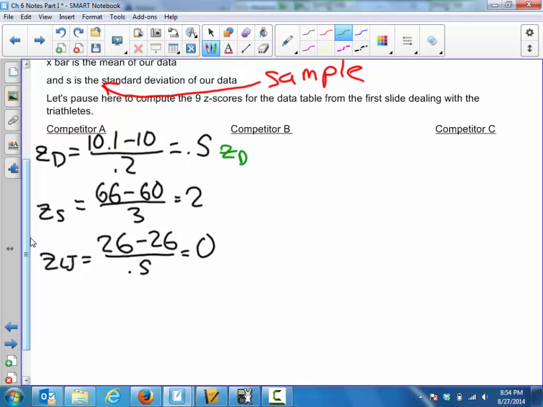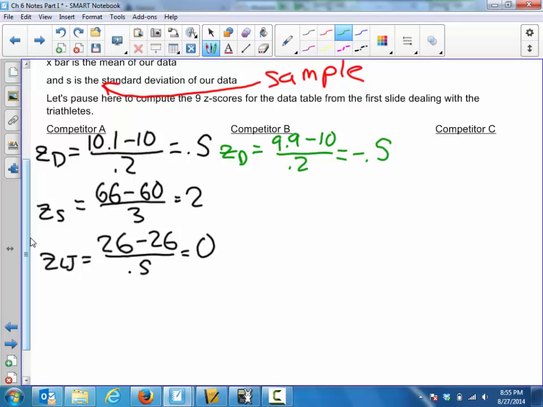All right, competitor B, let's go to a different color for this. Her dash time as a z-score: she ran a 9.9, subtract the mean off of that, and we've got 0.2 for the standard deviation there. That's negative 0.5.